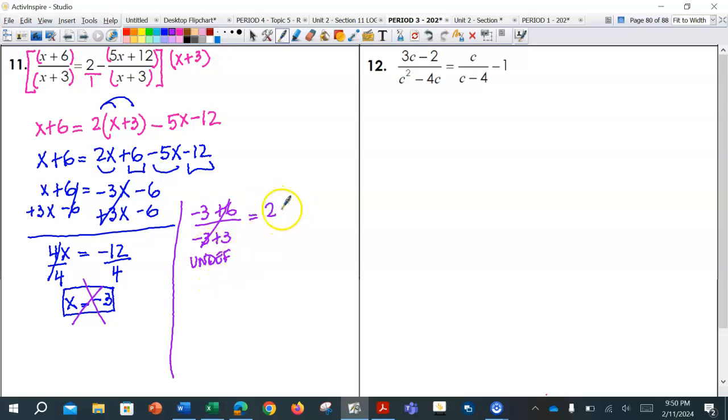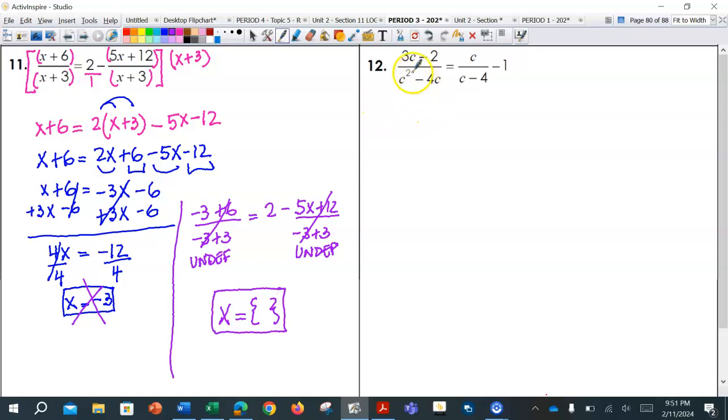The same thing is going to happen on the other side. If you see 5x plus 12 over negative 3 plus 3, this will also be undefined, right? So that means that x will be an empty set. So we leave it like that. No solution in this case.